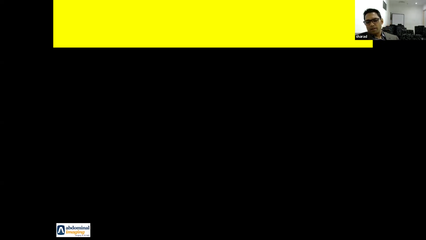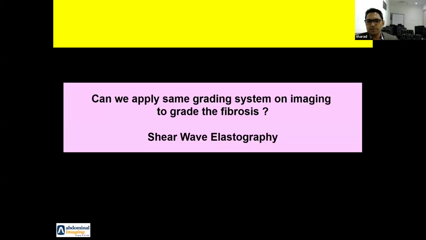So shear wave elastography is the answer which you use for identifying occult fibrosis. Why I'm saying occult, because advanced liver cirrhosis you can make out on your ultrasound or a CT image by the abnormal morphology and nodular margins.